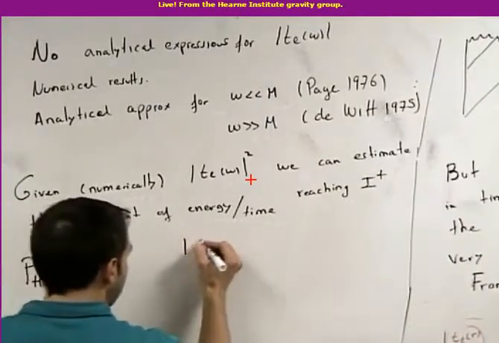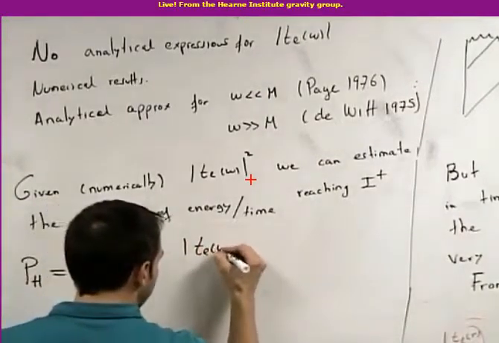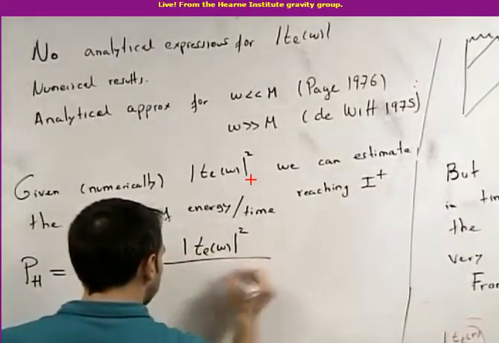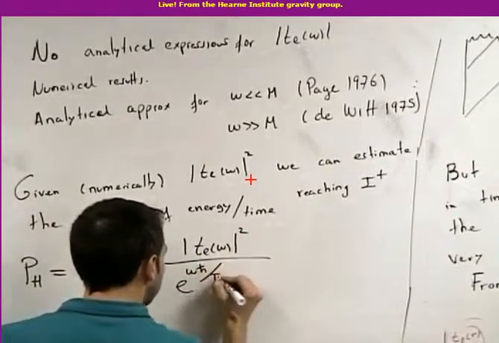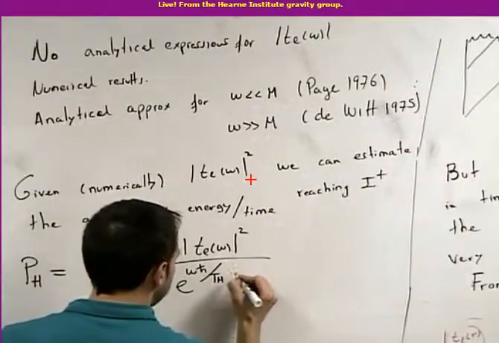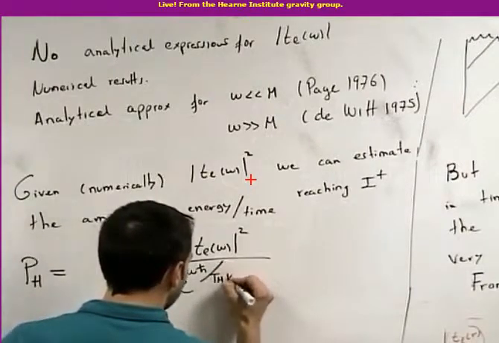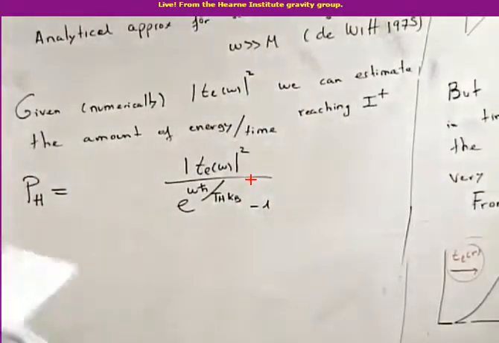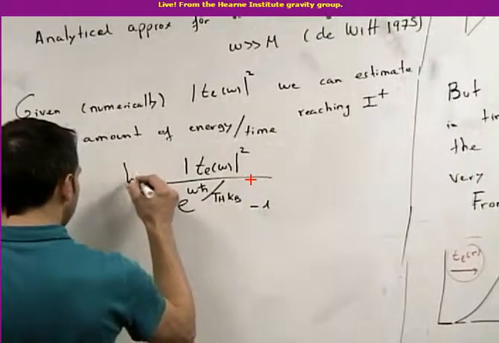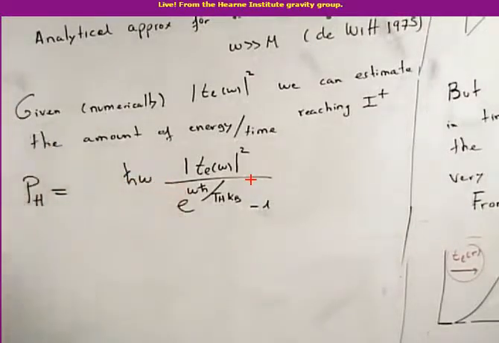We know what is the expectation value of the number of Hawking quanta, with T_H and the Boltzmann constant to the -1. We know what is the energy of each of those quanta, h-bar omega.